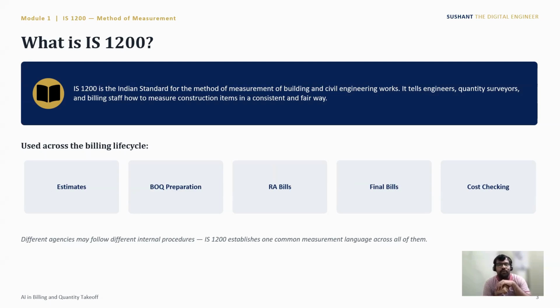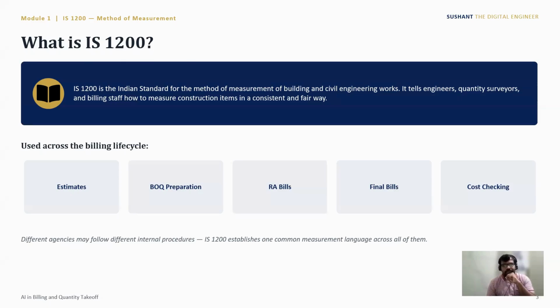Different agencies may follow different internal procedures, so IS 1200 establishes one common measurement language across all of them. Because if multiple organizations or stakeholders calculate the BOQ for one project, it creates confusion and chaos for that BOQ work. IS 1200 gives us uniformity and guidelines for the BOQ calculation.